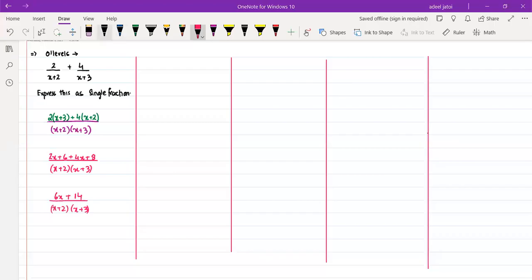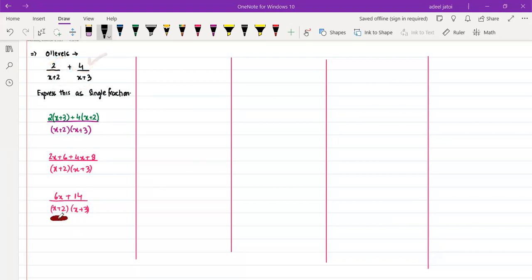So now in partial fraction, what we need to do is bring the same single fraction back to the value of the different fractions given. That means we need to break the single fraction into multiple fractions, with the values in the numerator that are given as 2 and 4.